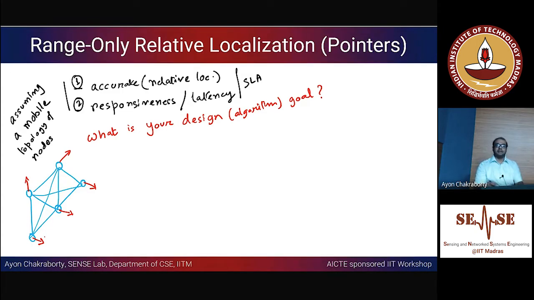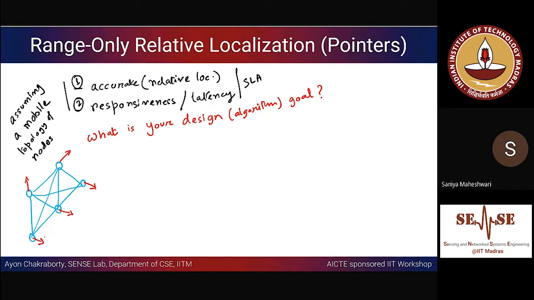You have put them in the field and they are running around. You have to tell me what the topology of those 5 cows is at every step. That is an SLA. I tell you every 1 second or every 2 seconds, you have to tell me. How are you going to spend those seconds? What are you going to do? Maybe every second you only make a fraction of nodes range with each other.